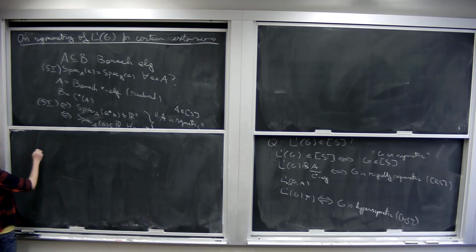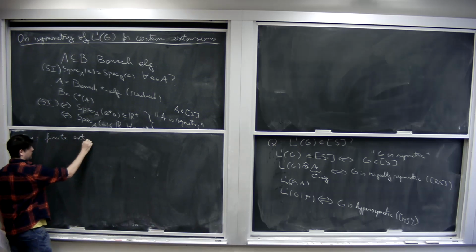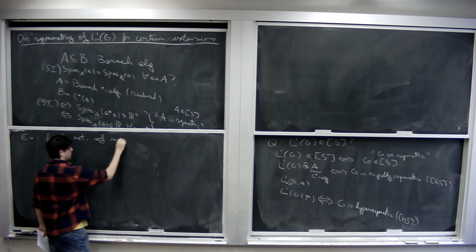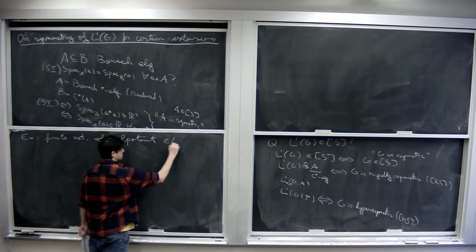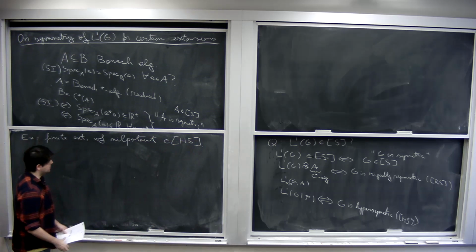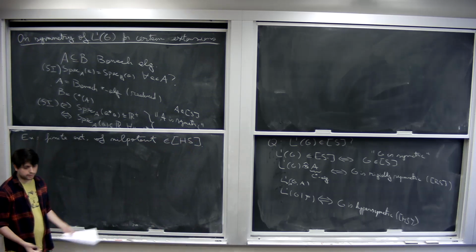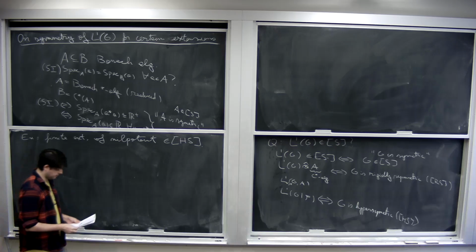Any finite extension of a nilpotent group is going to be as good as we want. So you can take a Fell bundle over a nilpotent group, and you're going to get a symmetric algebra.